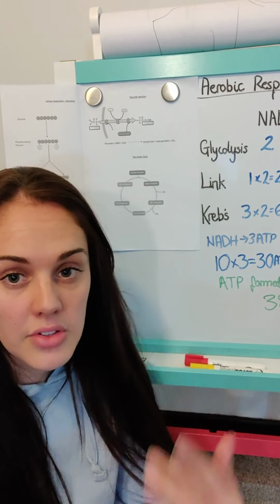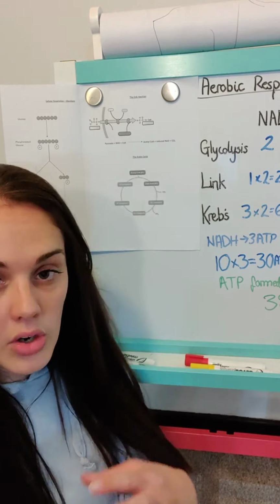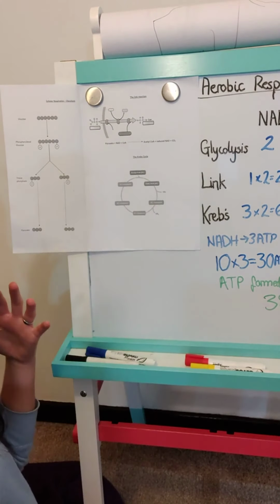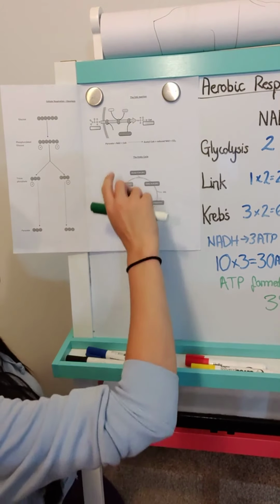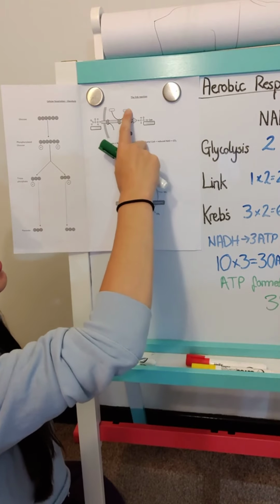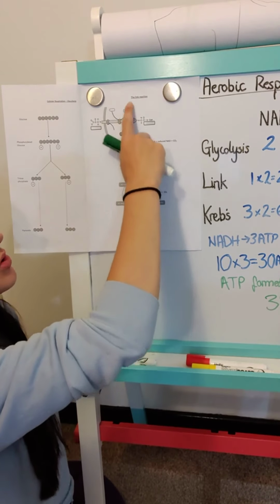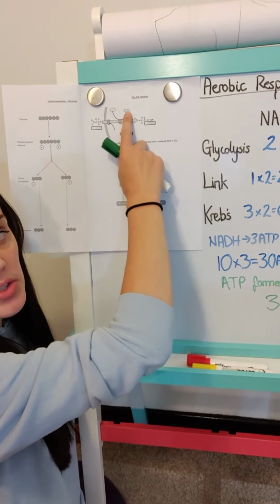So when you come across this, it might sometimes refer to the oxidation. Let's talk about a specific one. So here in the link reaction, nice and straightforward, remember you have NAD turning into reduced NAD. So if someone was talking about this reaction, they might refer to NAD being reduced.